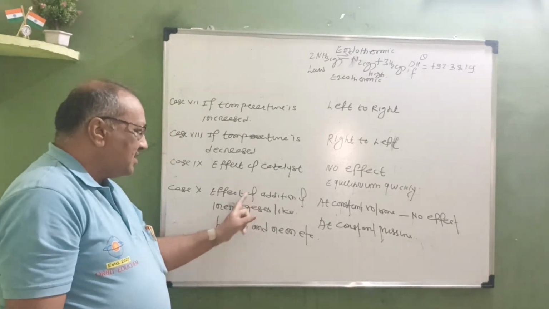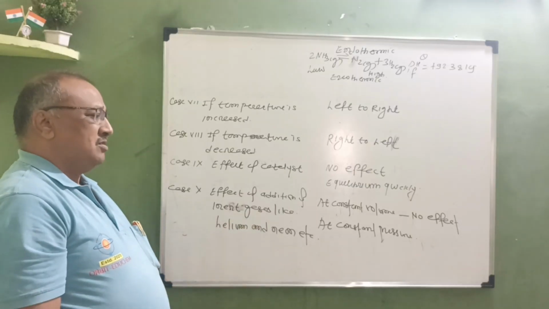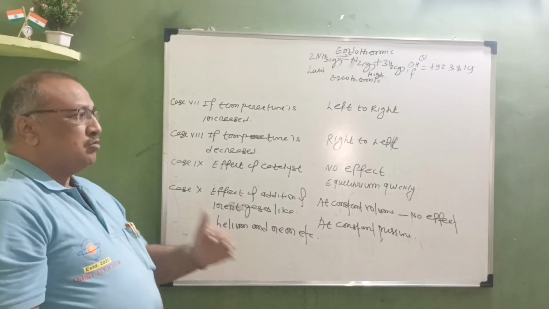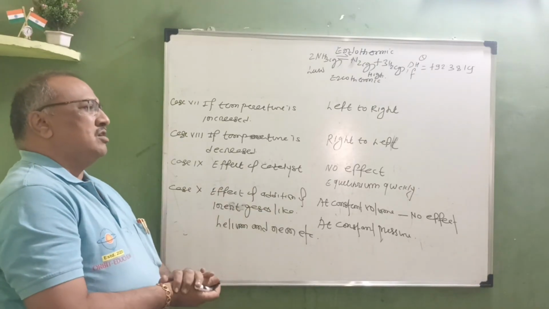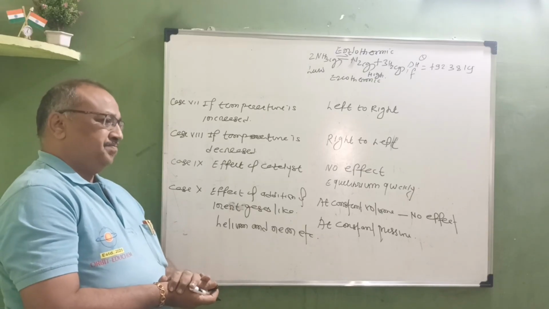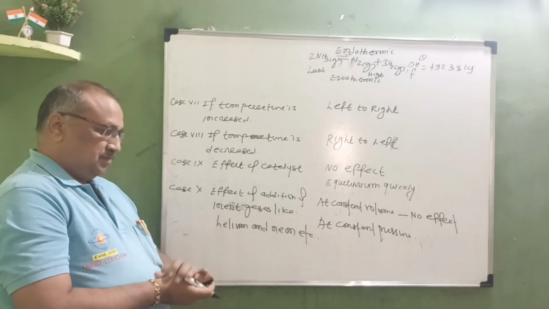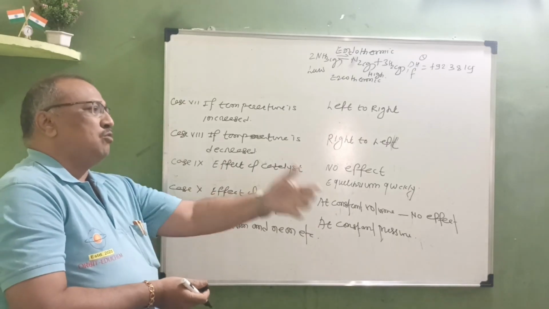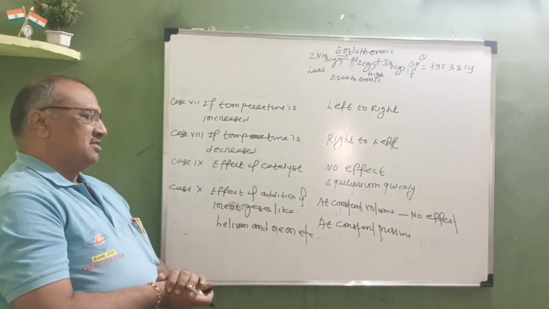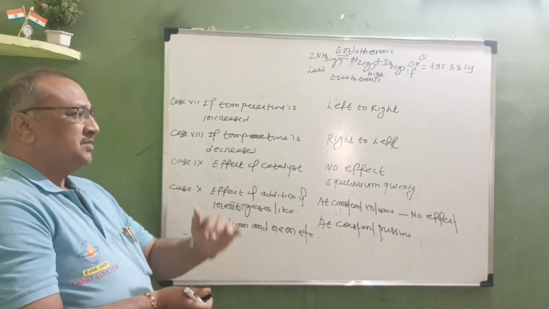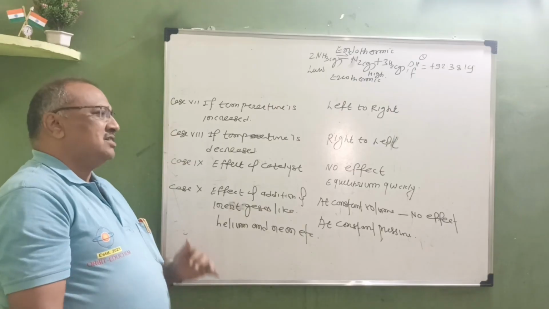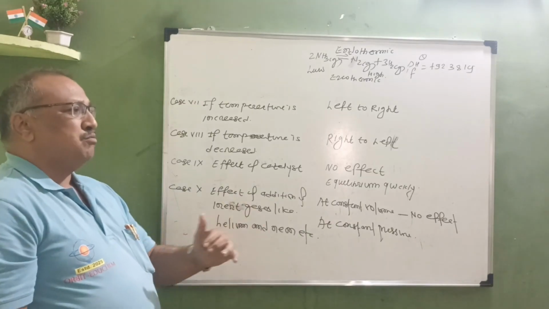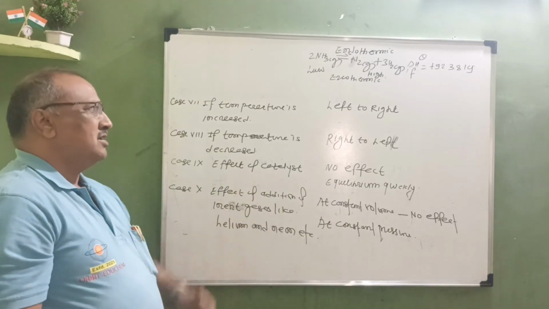when an inert gas like helium or neon is added to the gaseous system, volume of that gaseous system goes on increasing, but the number of moles of gaseous system per unit volume goes on decreasing. That means here equilibrium of the given reaction will shift in the direction in which number of moles of gaseous system goes on increasing.